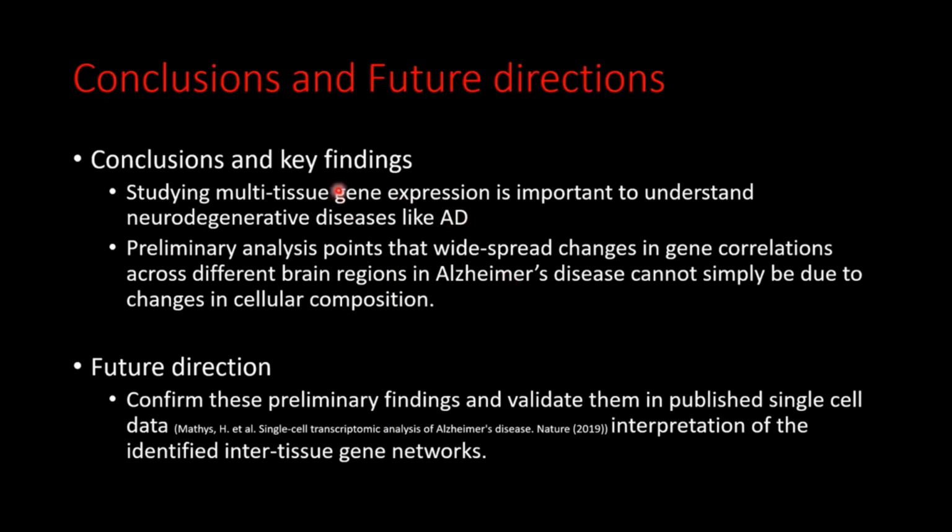So the main conclusions are that a multi-tissue study of such neurodegenerative diseases is essentially important to understand the disease processes involved. And preliminary analysis, which I have not discussed here, points towards the fact that most of the differential correlation in AD which has been observed cannot simply be due to changes in cellular composition.